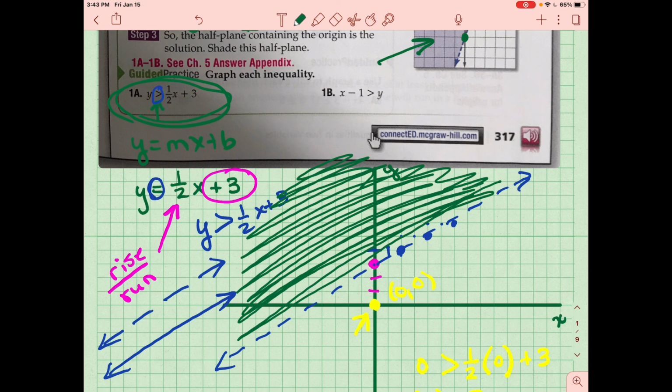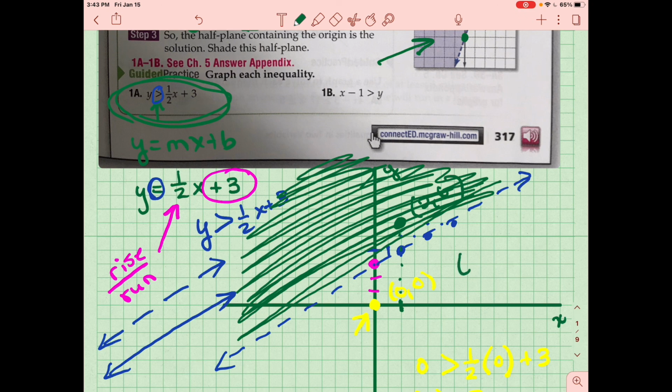If I were to pick a number that was up here on the graph, maybe, let's see, 1, 2, 3, 4, 5. Let's say 2, and 1, 2, 3, 4, 5, 6. 2 and 6 would definitely be in there. So I could test that out.